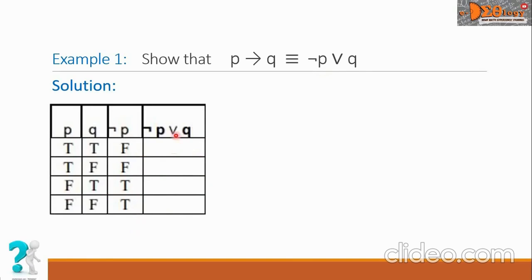Now, let's have not P or Q. Remember that for the OR operation, this is only false when both of the propositions are false.